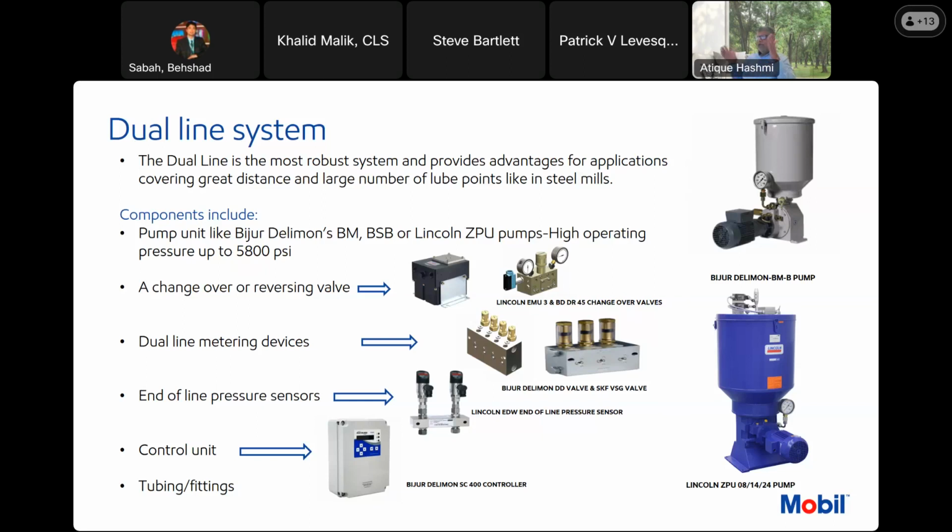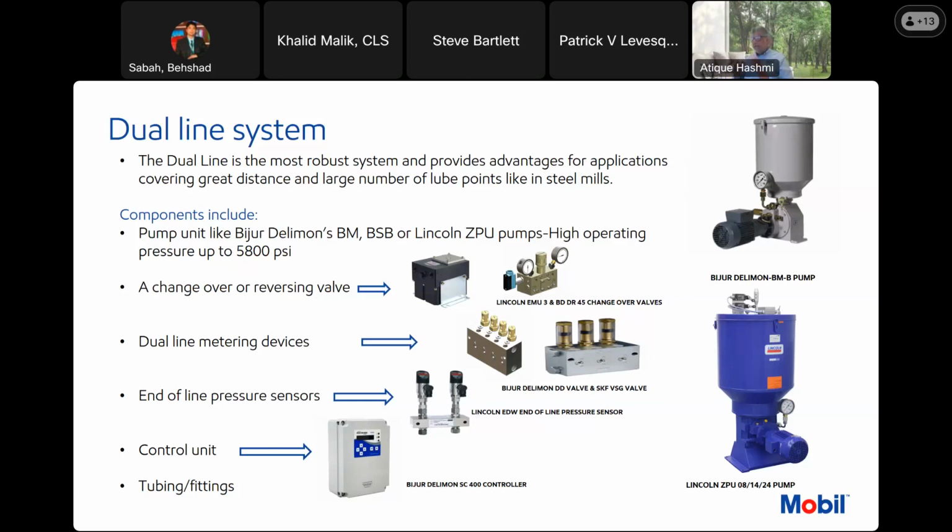So let's suppose 500 lube points, 500 bearings to be lubricated. You cannot connect all 500 lubrication points on a single line because that would be a big burden on the lubrication system.